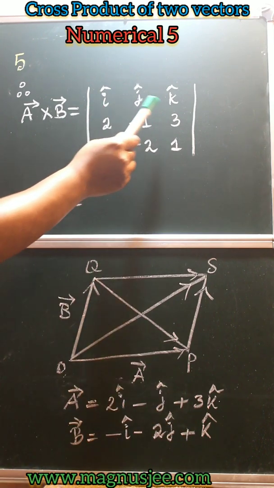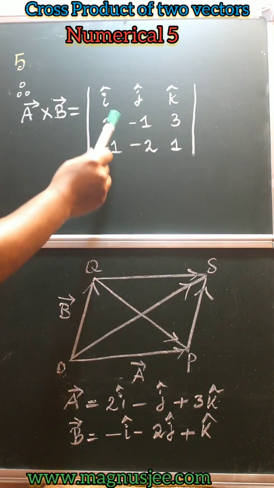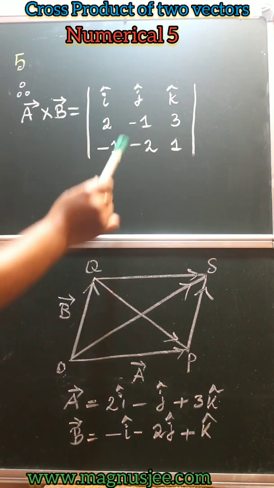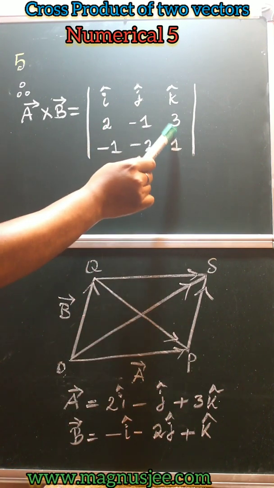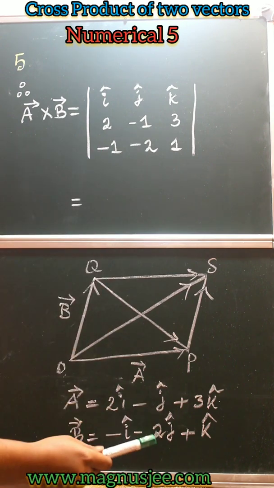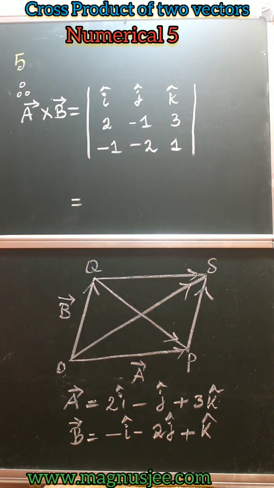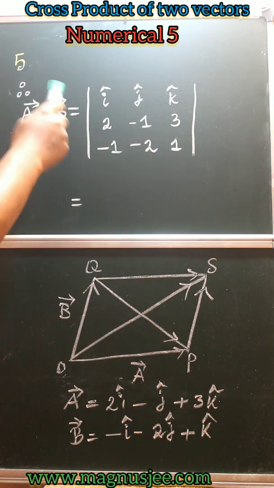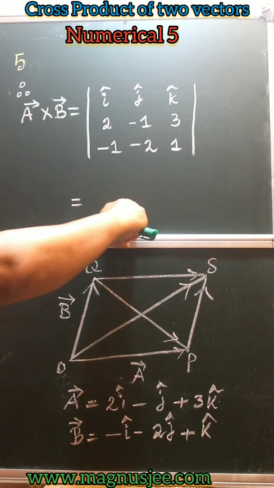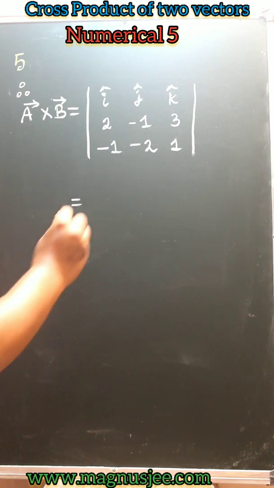As in the expression vector A cross B, A comes earlier, so 2, -1 and 3 are from vector A, and similarly for vector B, -1 and -2, and with k cap there is only 1, so that's why we have written 1. If we find vector A cross B, then the magnitude of vector A cross B gives the area of the parallelogram.